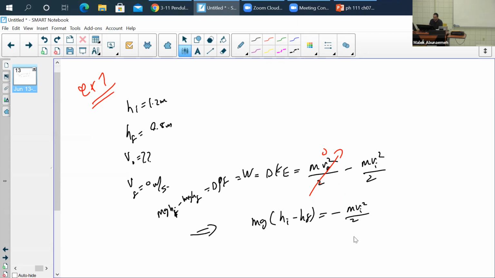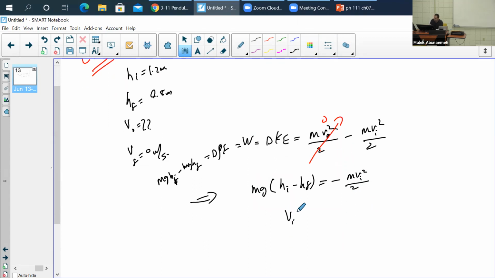That means your initial velocity is going to equal, we can cancel the masses out, the square root of minus 2g multiplied by your initial minus your final, which equals minus 2 times 9.8 times 1.2 minus 4.8.